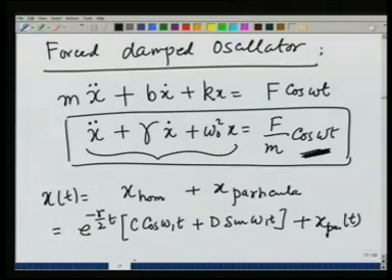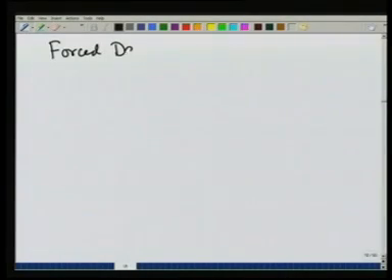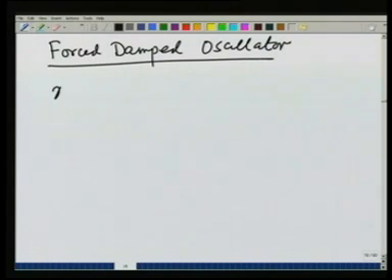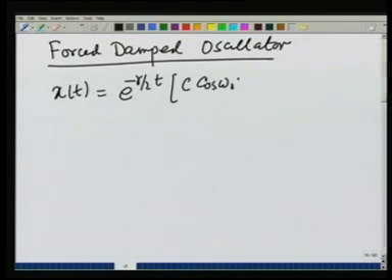So, let me rewrite the solution for a forced damped oscillator. We have x(t) equal to e raised to minus gamma over 2 t, times C cosine omega 0 t plus D sine of omega 0 t, plus x particular.